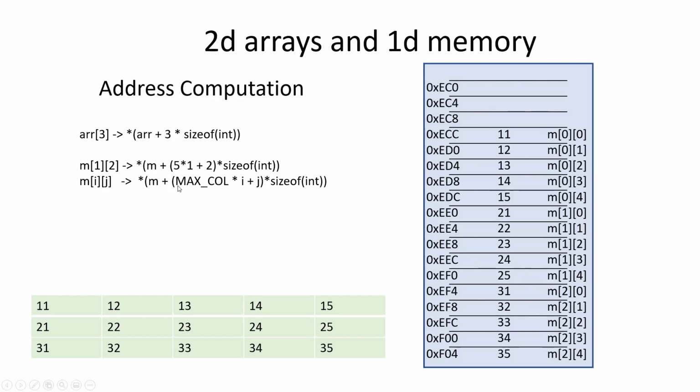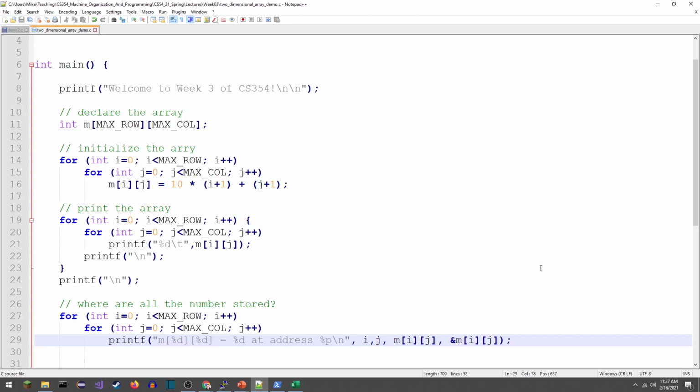This computation does, however, require the maximum number of columns. So C, at some point in the code, needs to be able to go backwards and figure out, down here in this very bottom row, where I'm accessing element ij as I print out everything, it needs to know how many things are in each row, how many columns there are in the matrix, in order to do that computation that I just developed to get to the right piece of data.